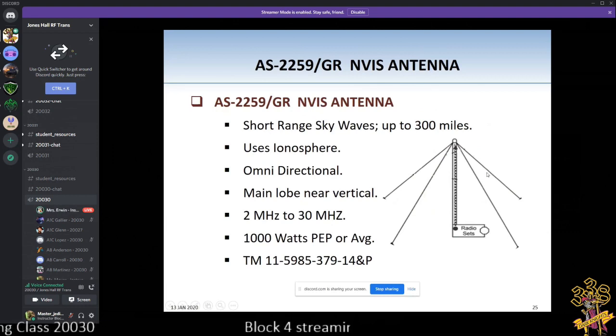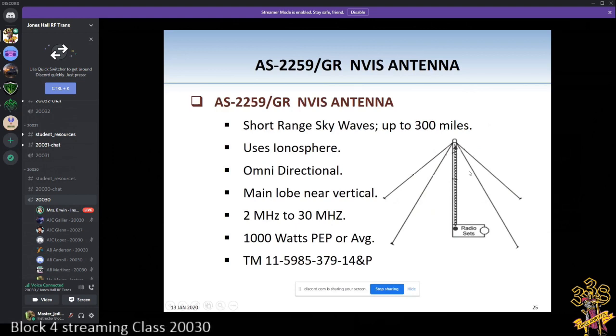It's going to provide you near vertical incident skywave, meaning its takeoff angle is going to be near vertical. Well, if something goes up near vertical, it's going to come back down near vertical. So it's for short range skywave up to 300 miles.